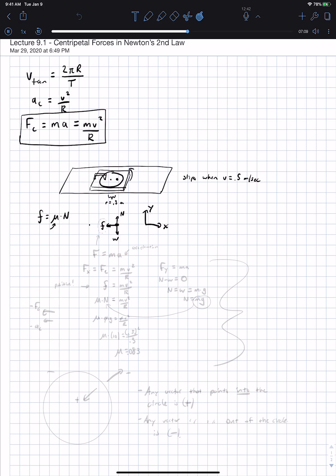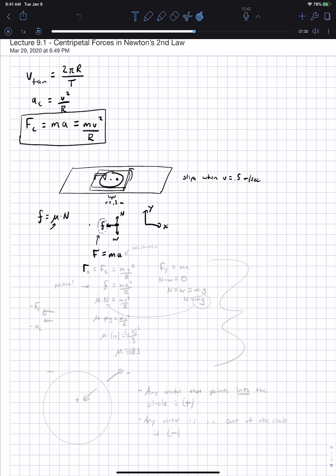What we do after we have a free body diagram, if you remember from the forces unit, is we basically just go to F equals ma. And in this case, the centripetal force is just the force that's causing it to move in a circle, or in this case, it's just in the x direction.